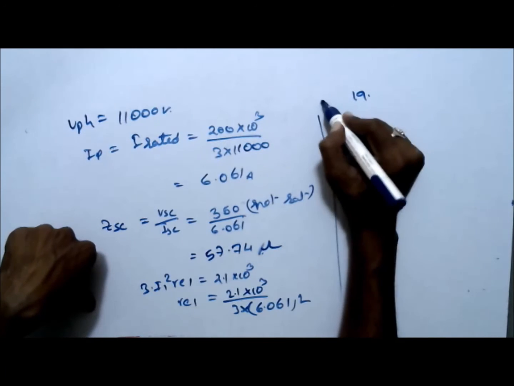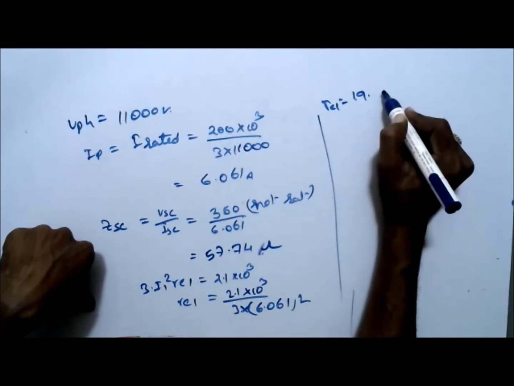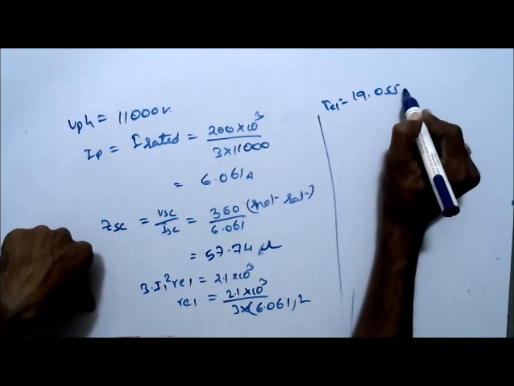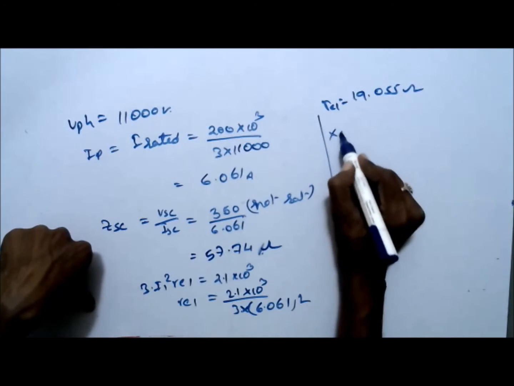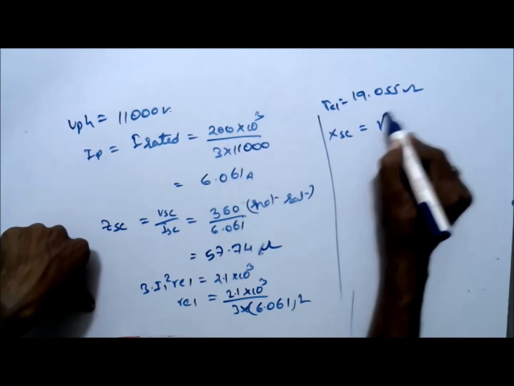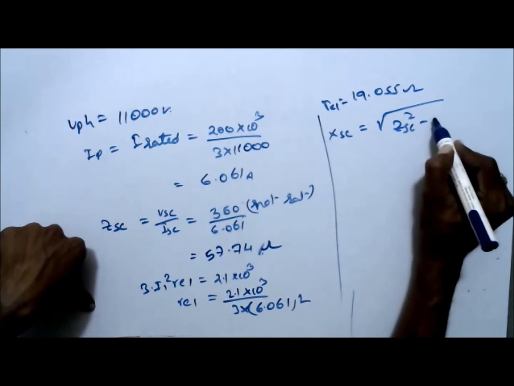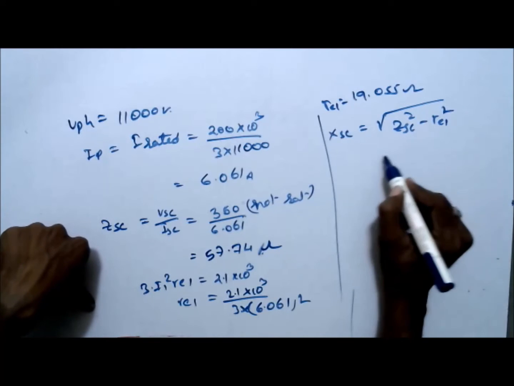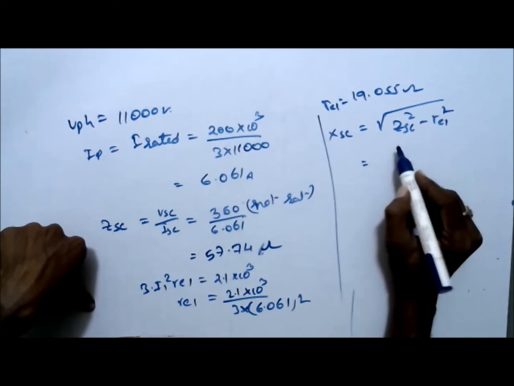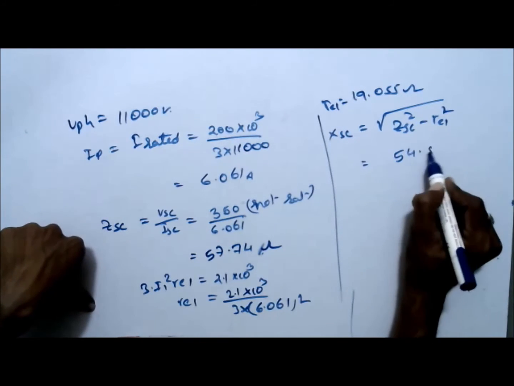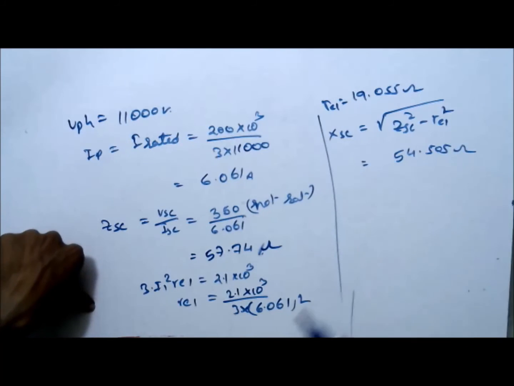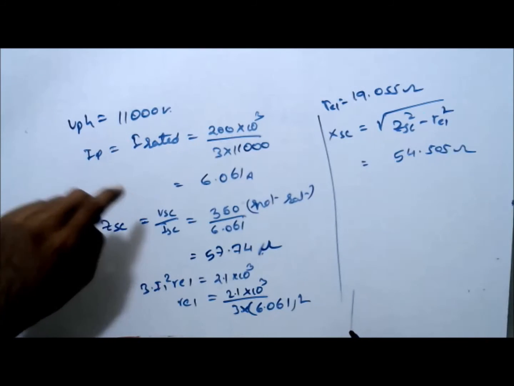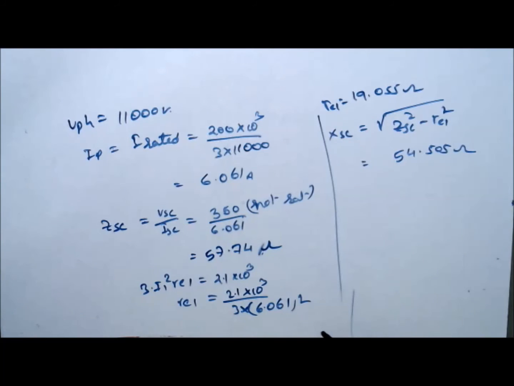Re1 came to 19.055 ohms. So Xe1 is equal to root of ZSC square minus Re1 square. We have got the value as 54.505 ohms.